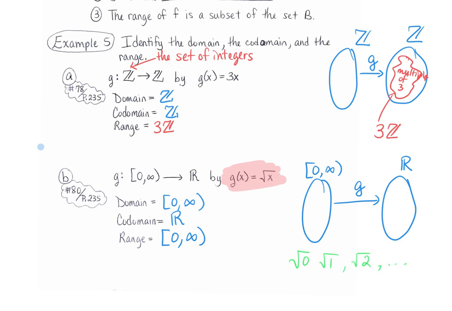And that would map over here to give us bracket 0, comma, infinity. So that would be our range. Very good. What questions do you have?